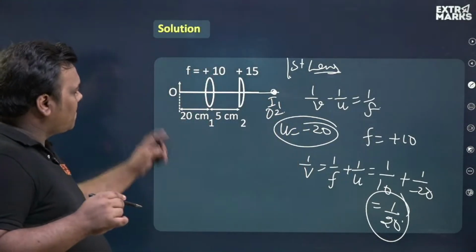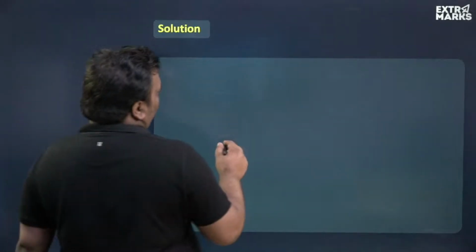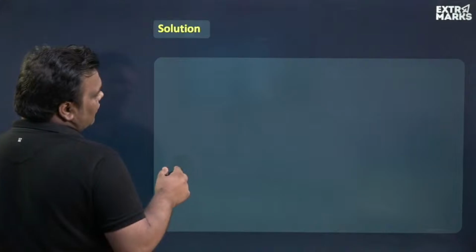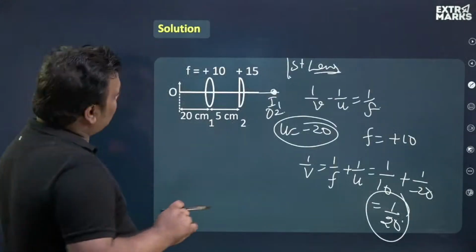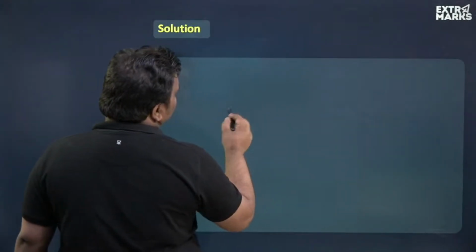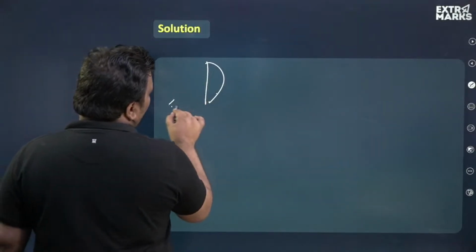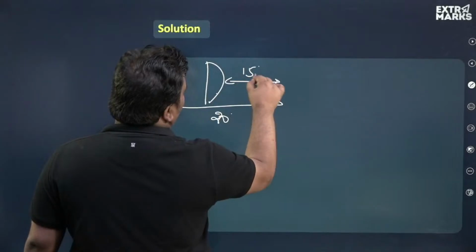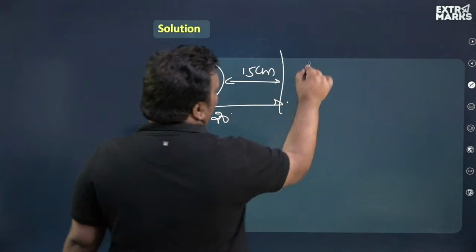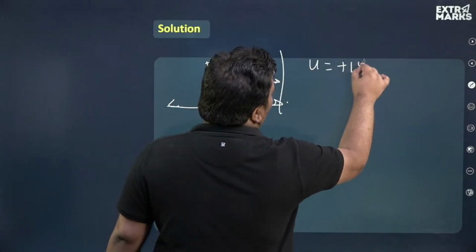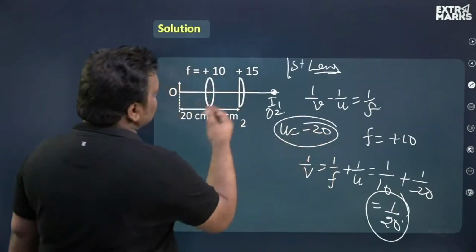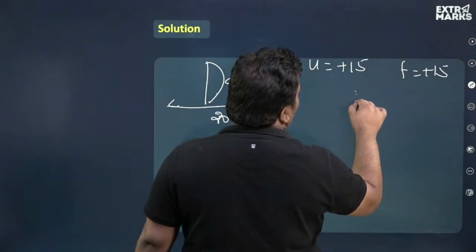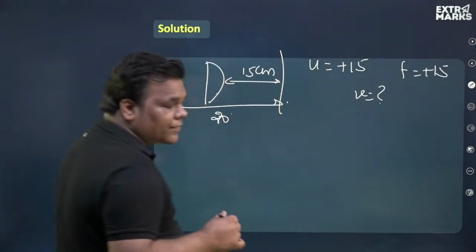Now for the second lens, the object is 20 centimeter from the location of the first lens, that means 15 centimeter from here. So U is equal to plus 15, F is also equal to plus 15, I need to calculate V.